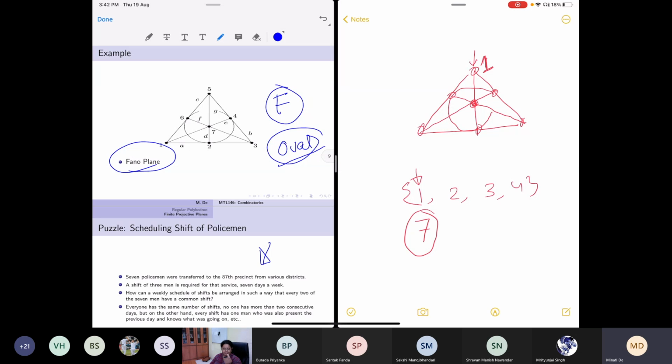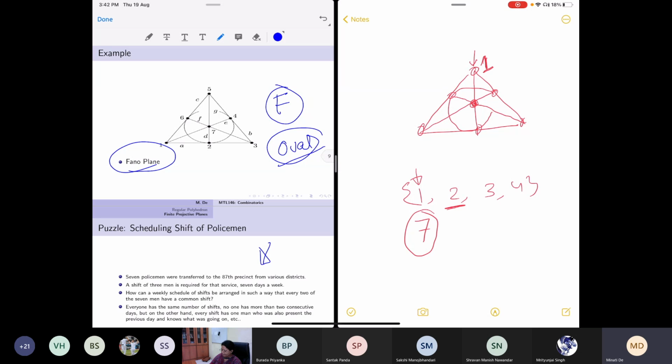Okay, so if I fix this, now if I want to give a label for the second vertex of that oval, how many vertices can we label for 2? Which of the vertices are eligible to become part of the oval?